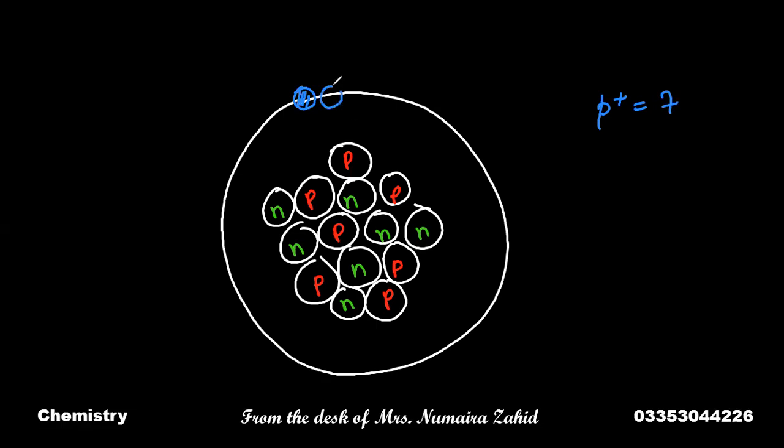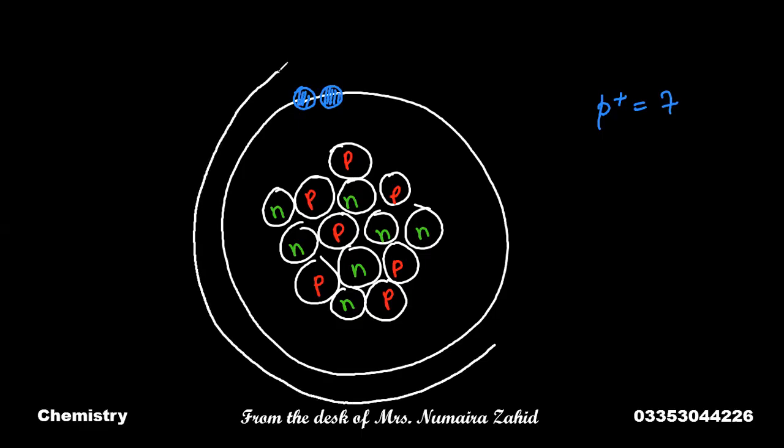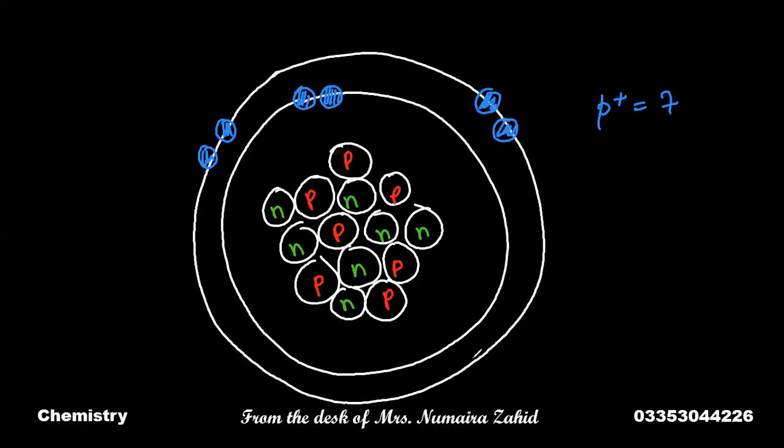In the first shell, there are 2 electrons, and in the second shell, there are 1, 2, 3, 4, and 5. So in total, we have 5 plus 2, 7 electrons in this atom.